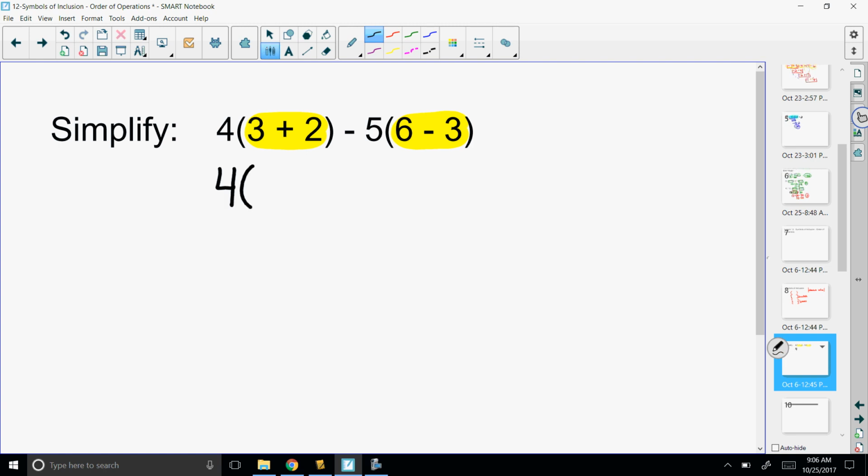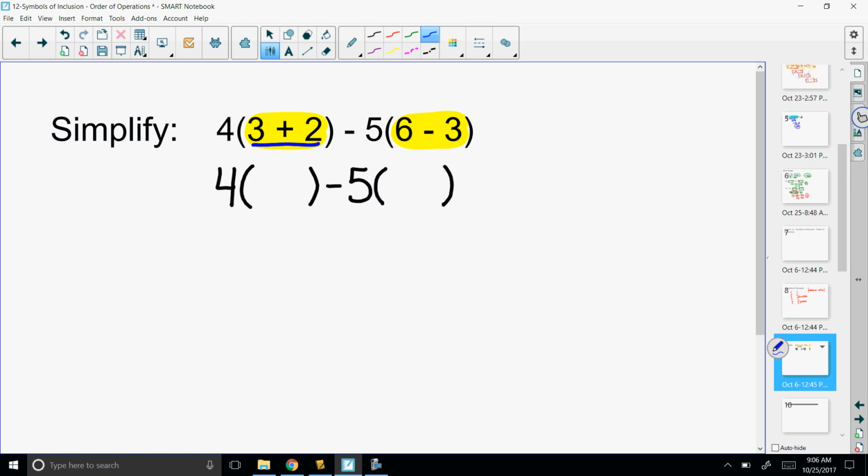If I were to read that expression, it's 4 times the quantity 3 plus 2 minus 5 times the quantity 6 minus 3. So what we want to do is find 4 times something, we want that to be a single number, minus 5 times something, which I'm going to simplify down to a single number. So I look at it and I simplify in parentheses.